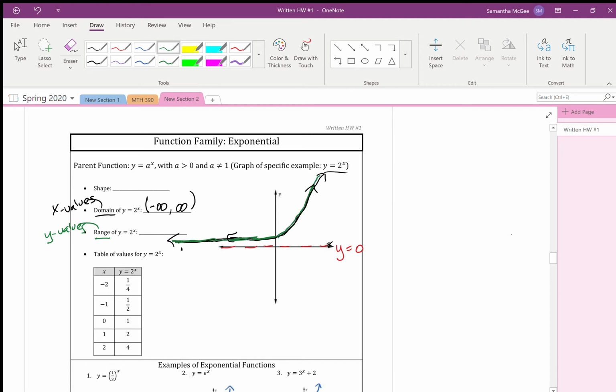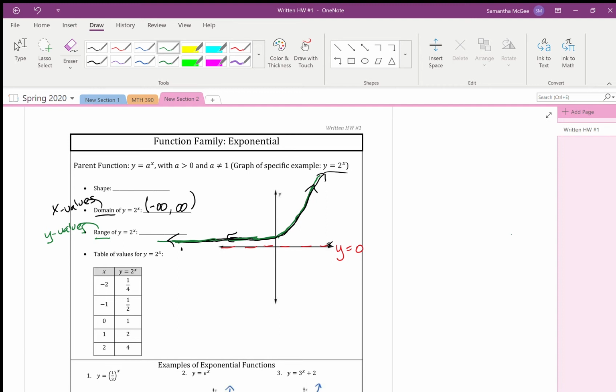We only have outputs that are above the x-axis. We never cross the x-axis. In fact, we never even touch the x-axis. We get super duper close, like outputs of 0.01, 0.001, 0.000001, but we'll never actually hit 0. We'll never have an output of 0, so we cannot include that in our range.